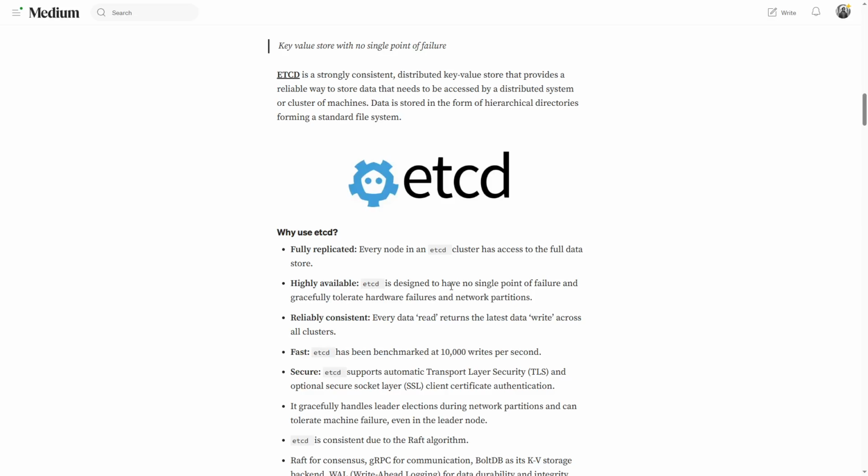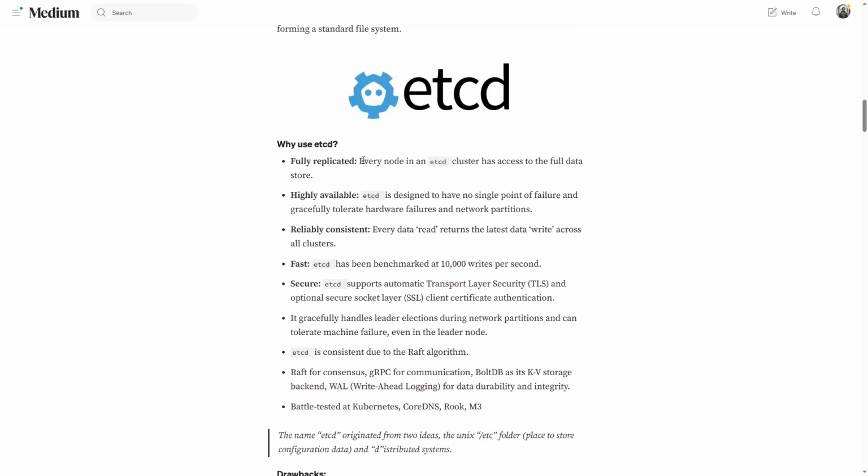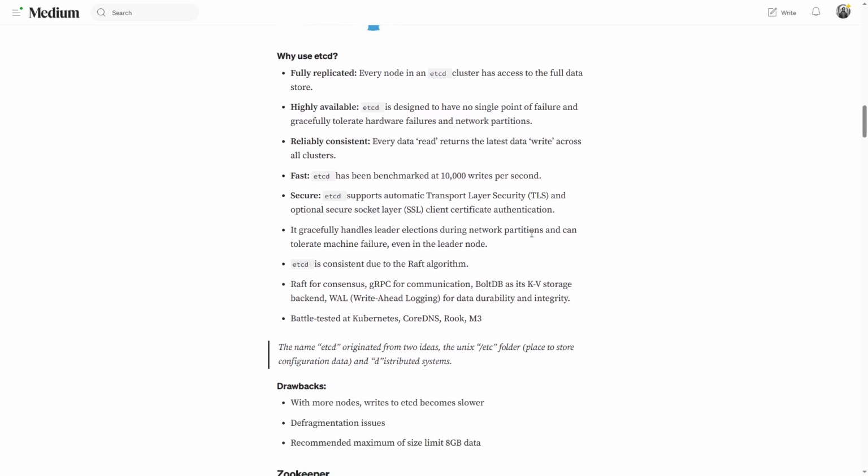They do leverage etcd at a large scale because this is fully replicated, highly available, production tested, battle tested. It can process thousands of writes per second, and we can support reads at a faster rate as well.